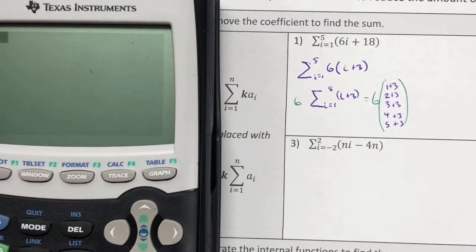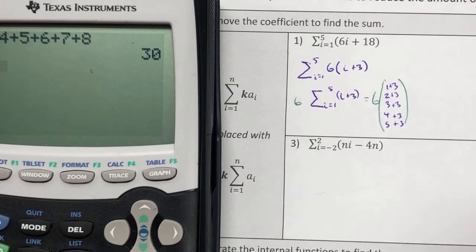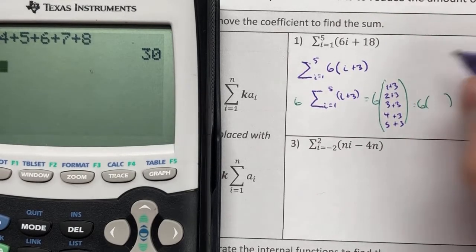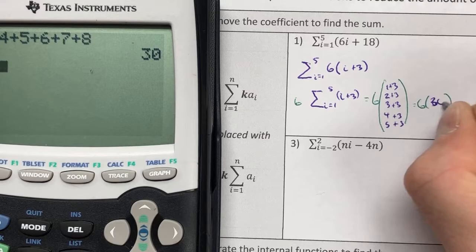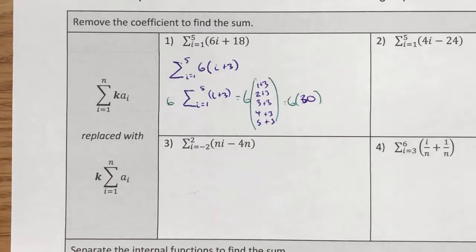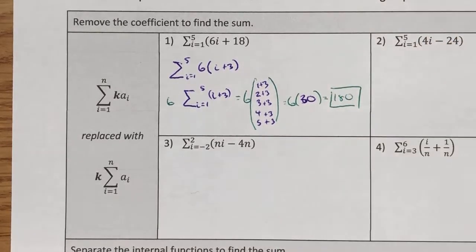We're going to say, okay, this is 4 plus 5 plus 6 plus 7 plus 8, and we get 30. So what we're dealing with right here is 6 times a sum value of 30, and that is a total value of 180.